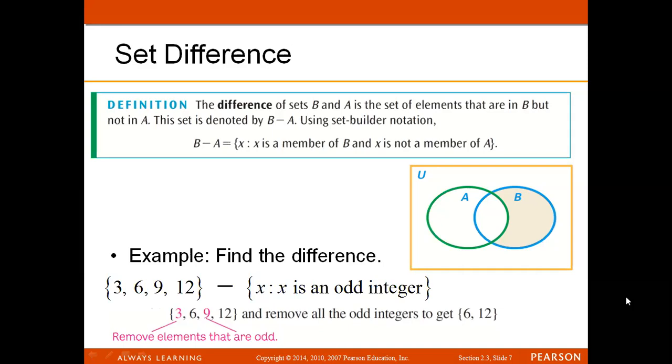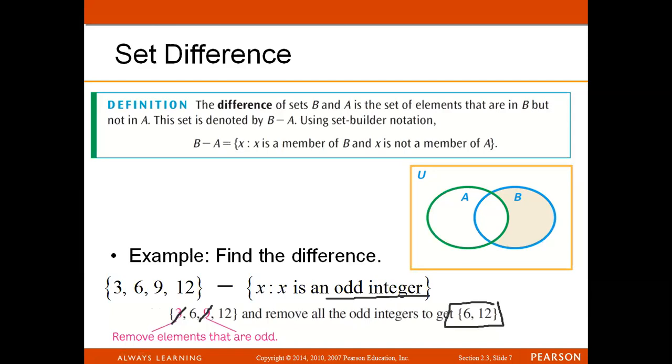For example, find the difference of the set 3, 6, 9, 12, take away the set such that x is an odd integer. So if we take out the 3 and the 9 from the original set, because those are odd integers, then we are left with the set 6, 12.